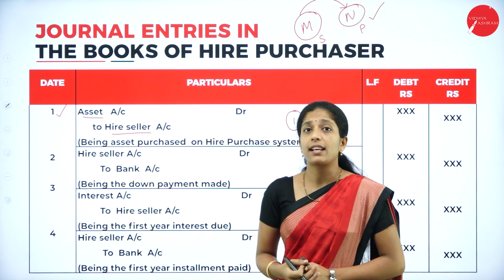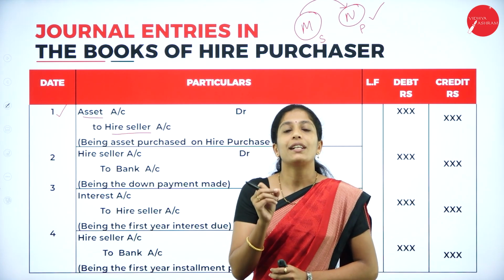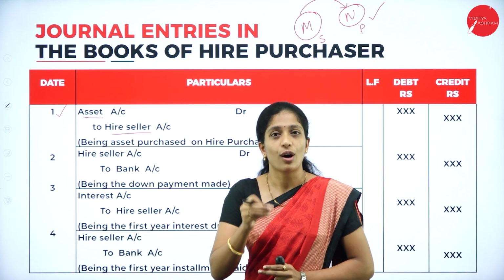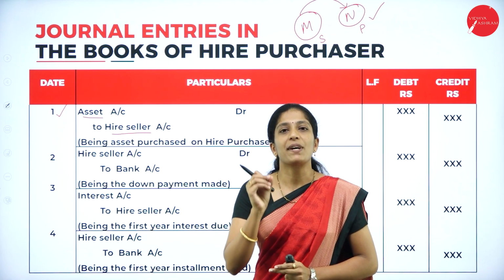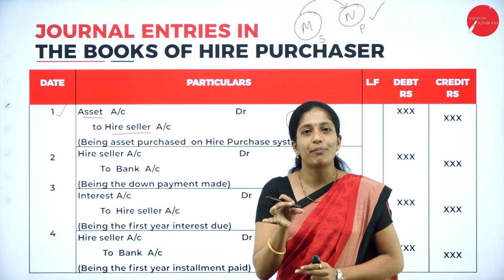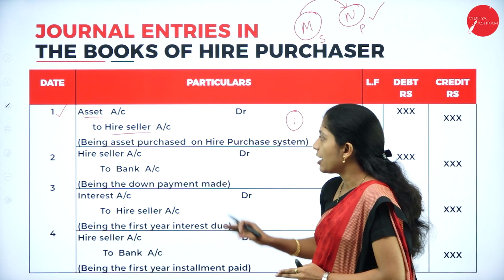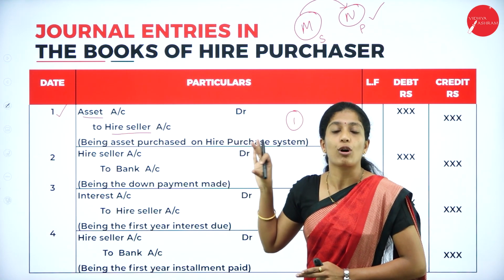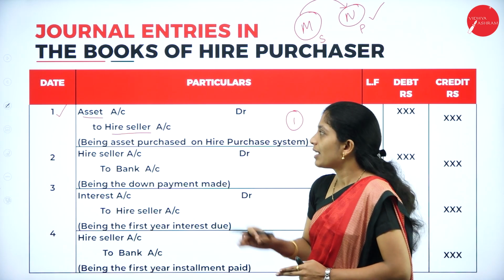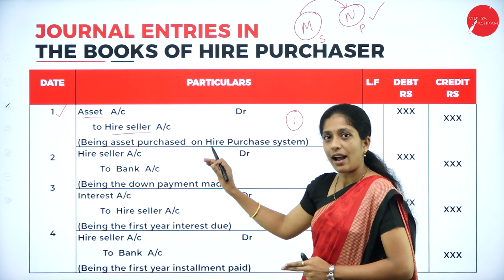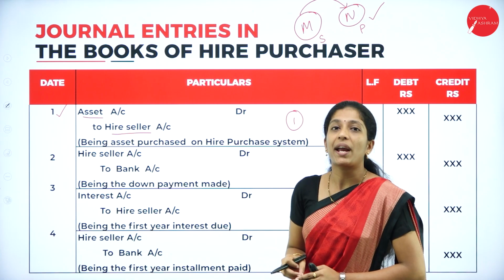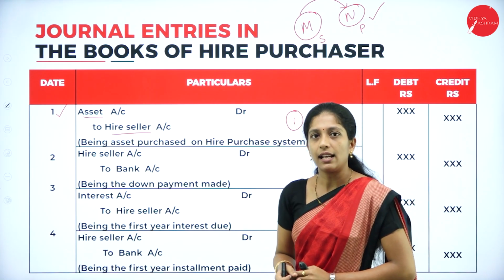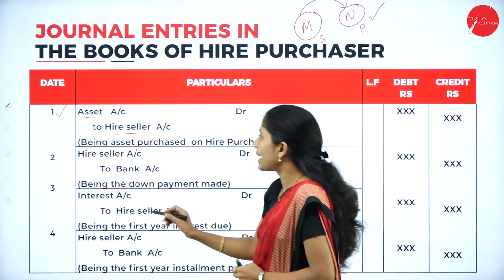And the second entry is that, I have told you on the date of purchasing or receiving the goods, hire purchaser will make some payment which is known as down payment. So for that we have to write the entry. So this all happens on the date of receiving the goods. So he has received the asset. At the same time he makes the payment to the hire seller, that is down payment. So what is the entry?